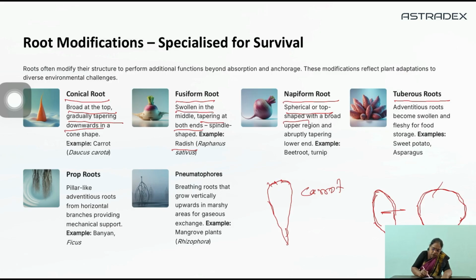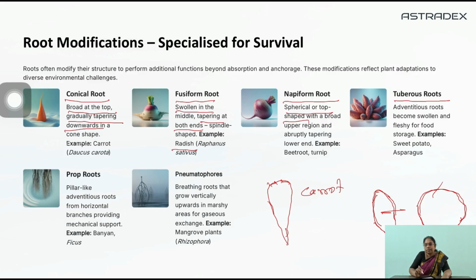This is prop root. Pillar-like adventitious roots from horizontal branches. From the horizontal branches, root-like structures develop and grow into the soil and provide additional support. That means mechanical support to the plant. Example, banyan and ficus. Okay.